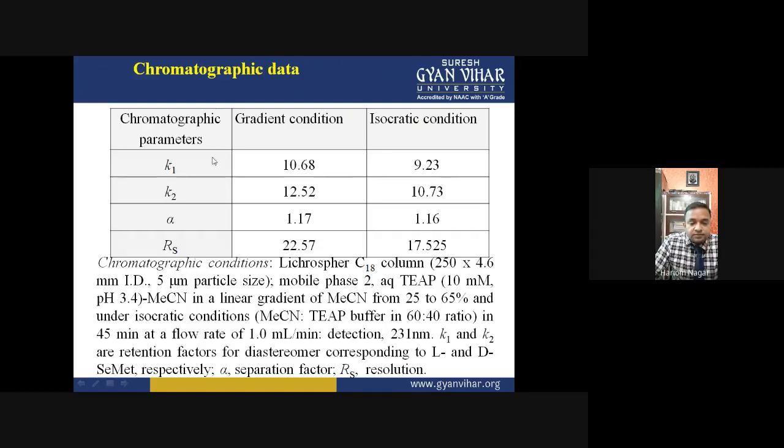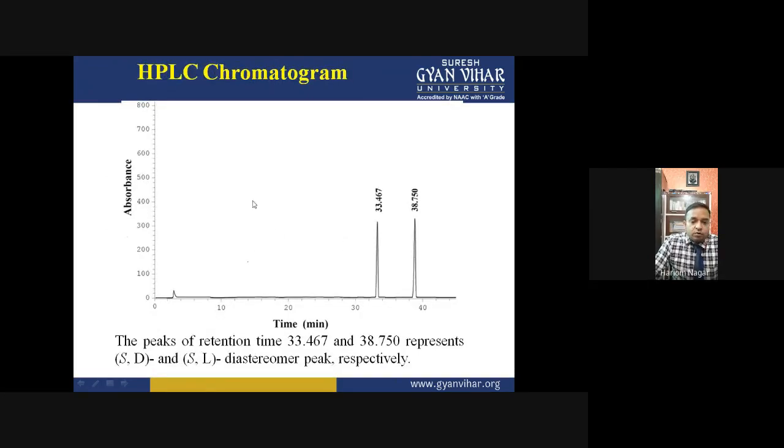Okay, and after the chromatographic run, we got the peak of the first diastereomer, that is the SD diastereomer, at 33.467 minutes, and for the SL diastereomer, the peak appeared at 38.750 minutes. Okay, these are the retention times of the compounds.